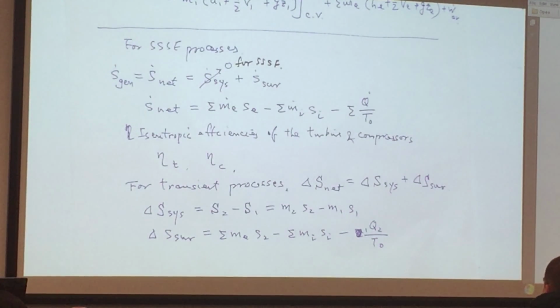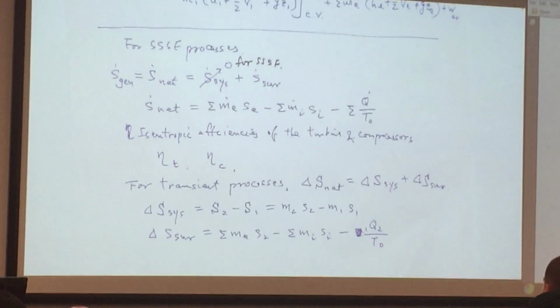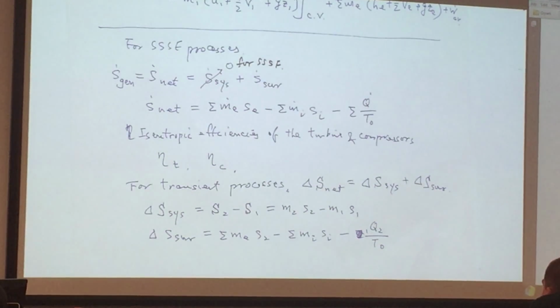One of the major assumptions for a steady flow process is that the system energy change is not a function of time. The rate means first order differentiation with respect to time, right? So that's why this term is zero.